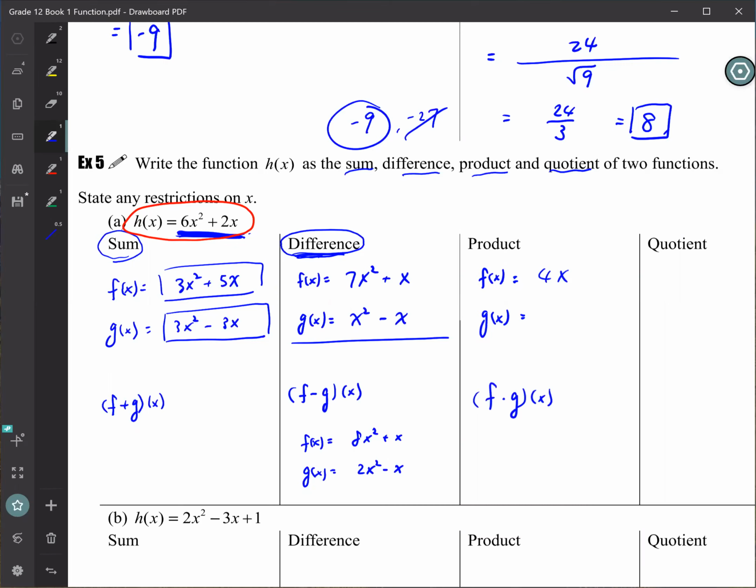No. Okay, then what do you have? 2x plus 2x and 2x plus 2x. Okay, let's see. 2x. And what's your g? 3x plus x. Like that? Is it?